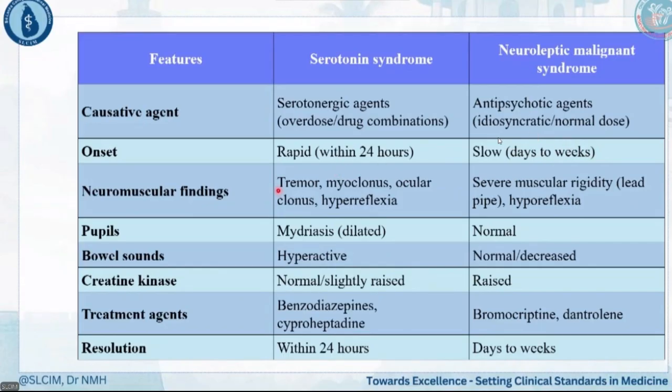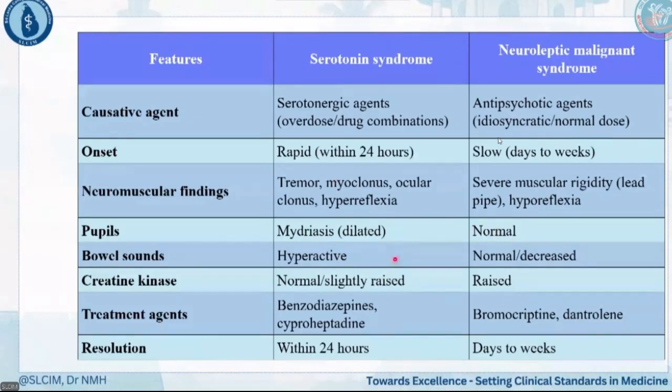When you look at the CNS findings, there's hyperreflexia in serotonin syndrome, and it's the other way around, hyporeflexia, in neuroleptic malignant syndrome. Those are the vital things that you have to pick. And the pupils are mydriatic, dilated, in serotonin syndrome. Usually it's normal in neuroleptic malignant syndrome.